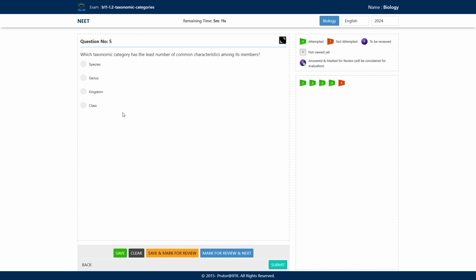You know that as you go up the taxonomic hierarchy towards the highest taxon, which is kingdom, the number of similarities becomes very small. Keeping this in mind, you have to answer this question. The options are: A is species, B is genus, C is kingdom, and D is class. What will be the correct answer?